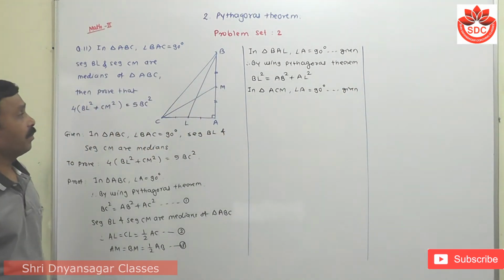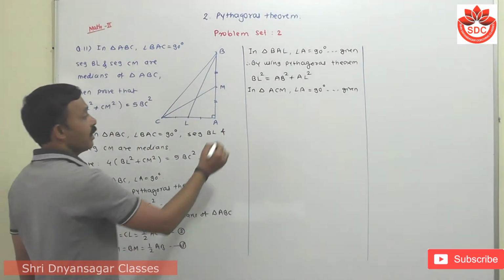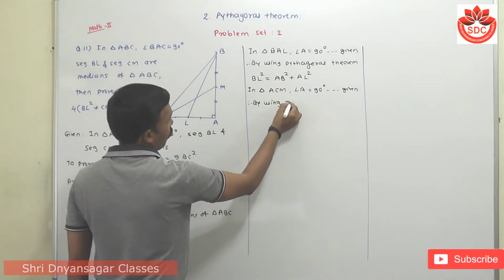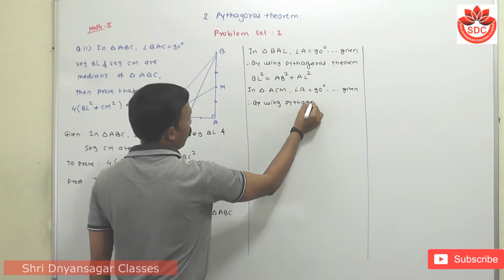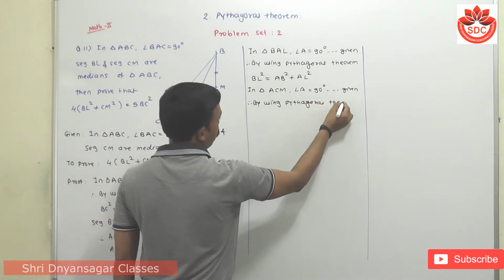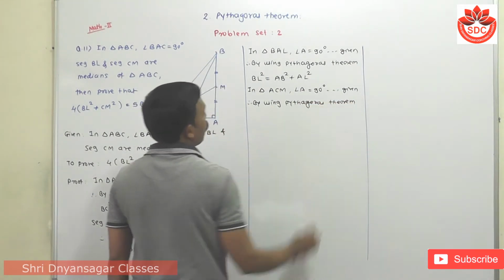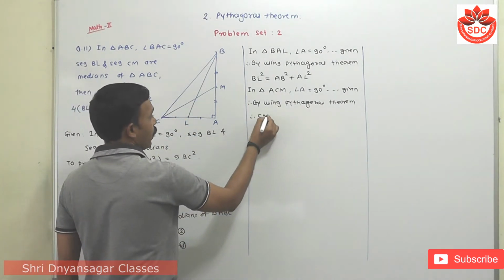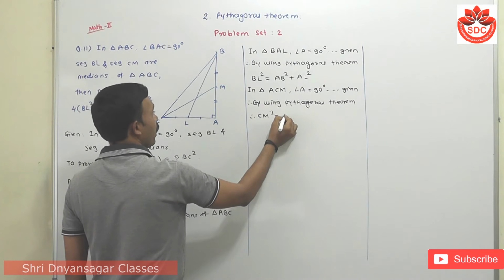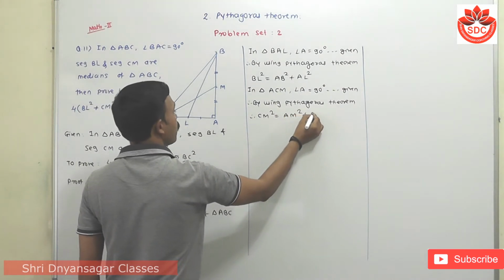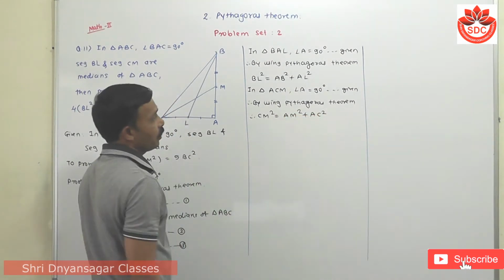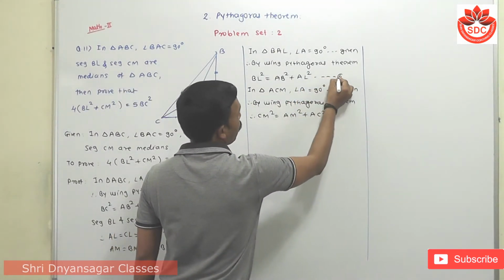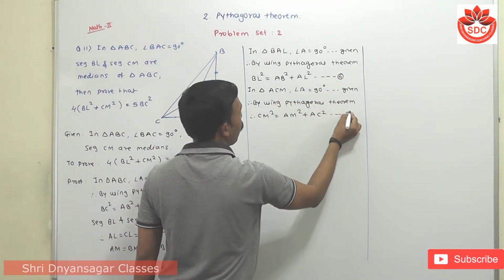Now by using the Pythagoras theorem, the hypotenuse is CM, means that CM square is equal to AM square plus AC square. Suppose this is equation number 4 and this is equation number 5.